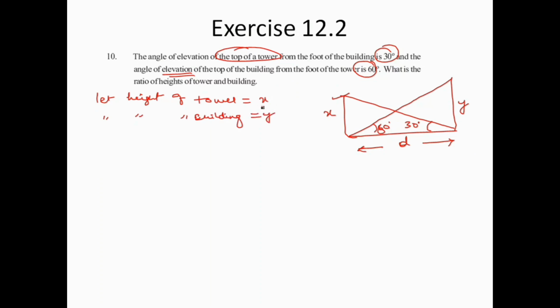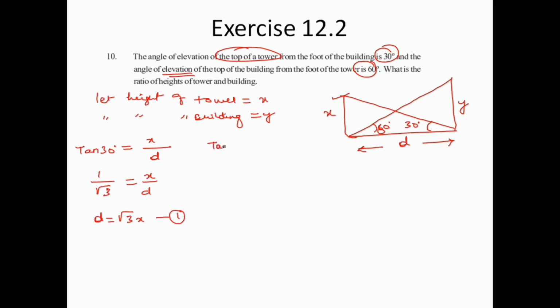So these are two heights, and you have the distance and you have the elevations also. Now let us look at the values. That is tan 30 degrees can be written as opposite by adjacent, quite simple. And tan 30 is 1 by root 3, equal to x by d. So d is equal to root 3 times x. So this is equation number 1.